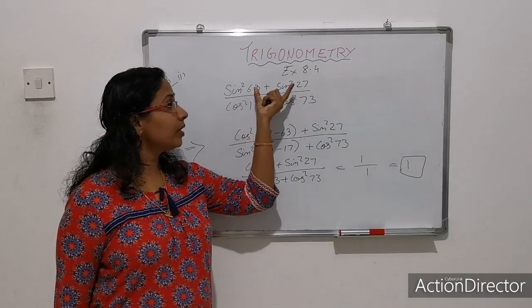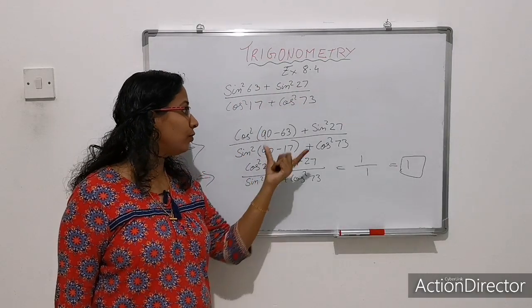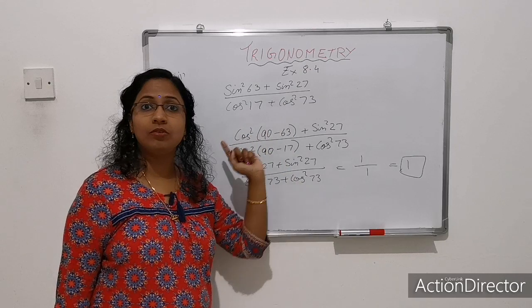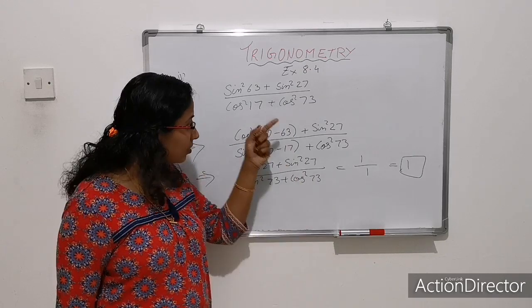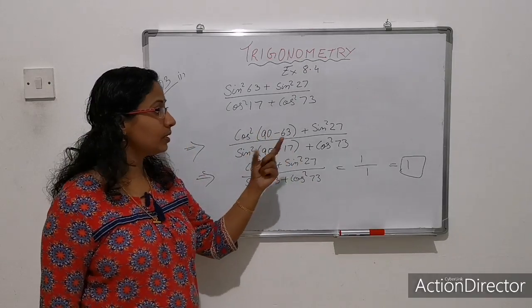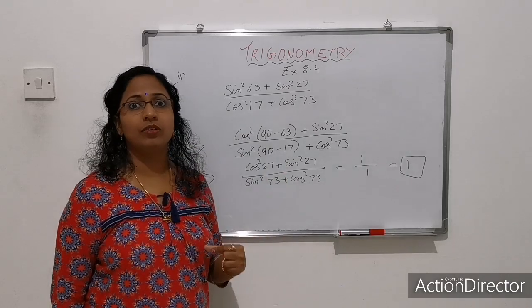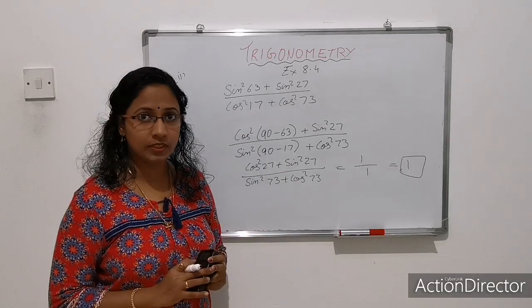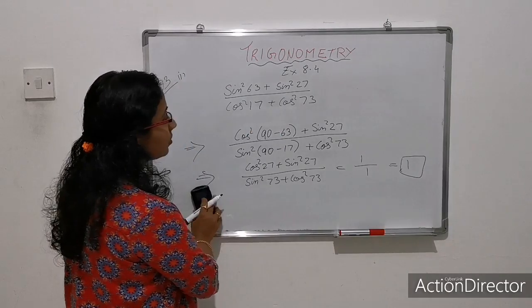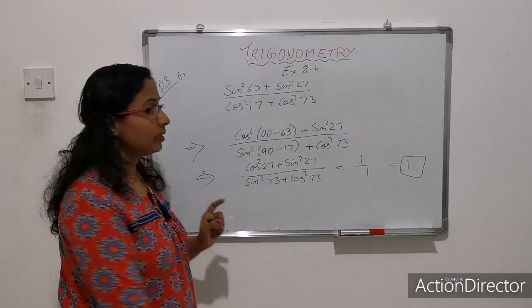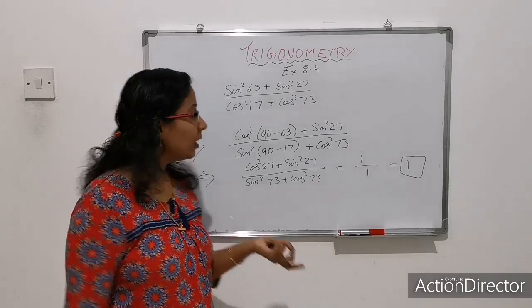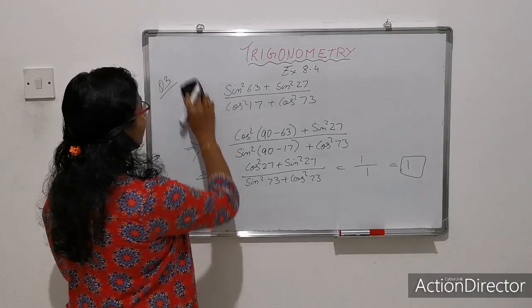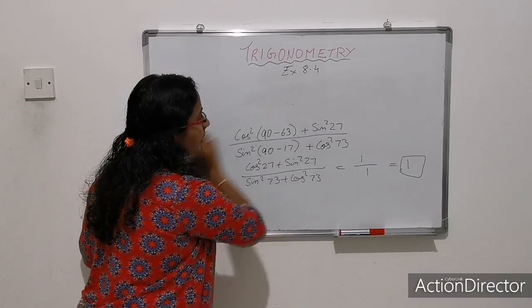So whenever you see an angle, you have to apply this formula. Please do remember. At least do this much, then you will get an idea of how to proceed further. Okay? So this is the first part done. Very easy. Now we'll go with the second part of question number 3.